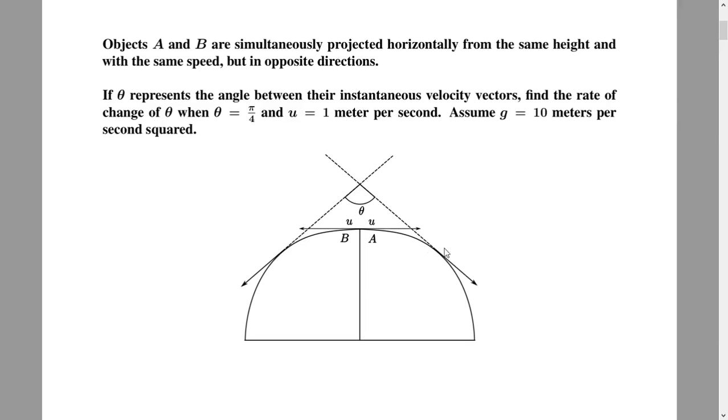So this is A's velocity vector at time t and this is B's velocity vector at time t, and the angle made by the two vectors is theta. The equation is to find the rate of change of theta with respect to time.